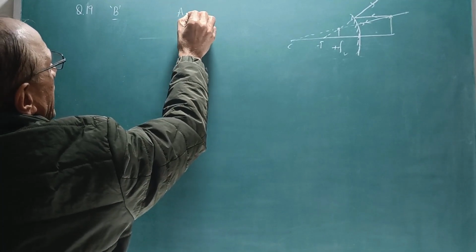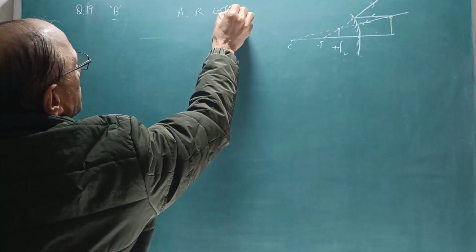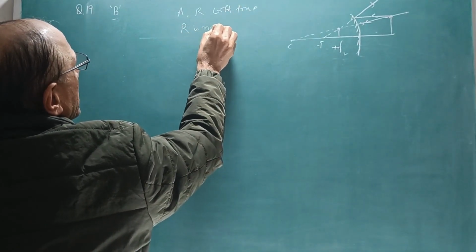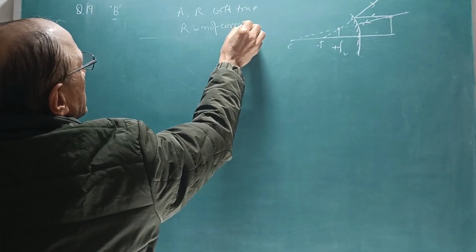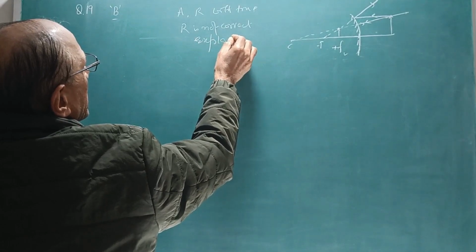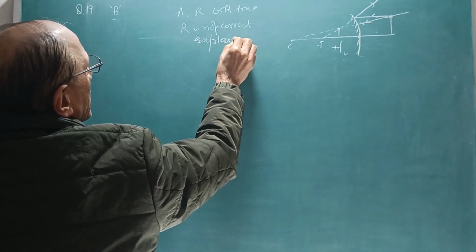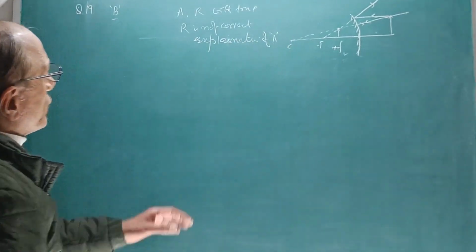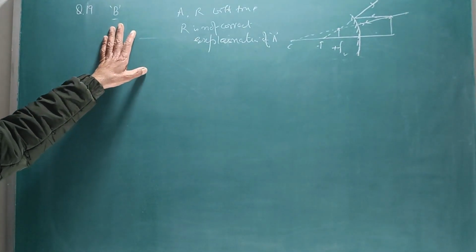So A and R both true, but R is not the correct explanation of A. So this is option B.